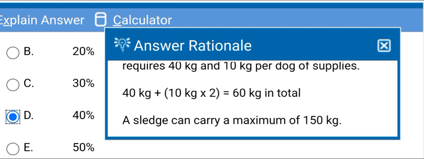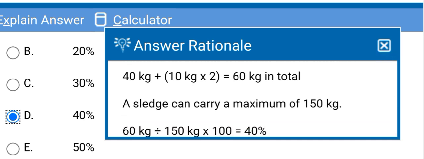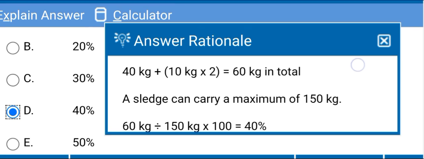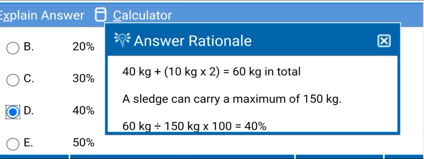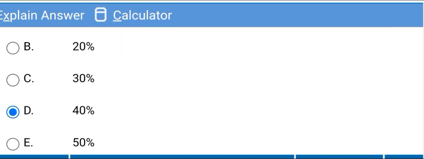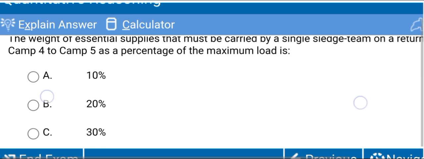A sledge can carry a maximum of 150 kg. That is 60 kg divided by 150 kg multiplied by 100 equals 40%. So that's how we can say the correct option is option D, which is 40%.